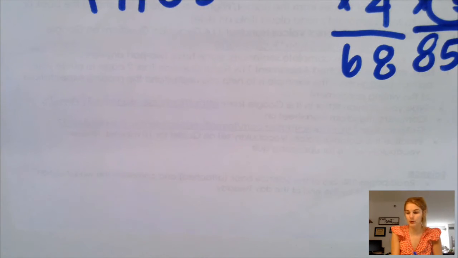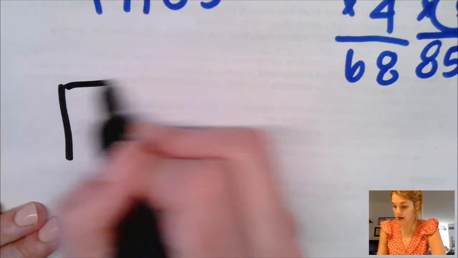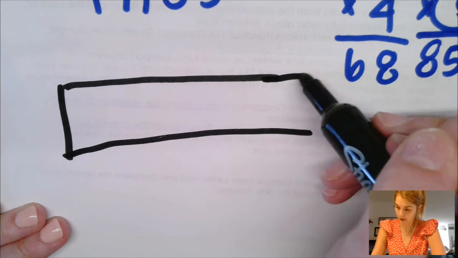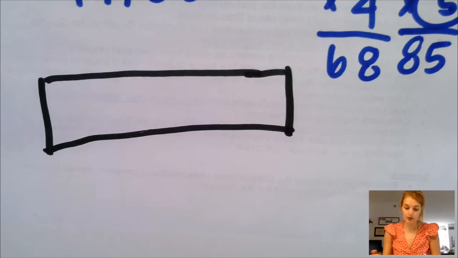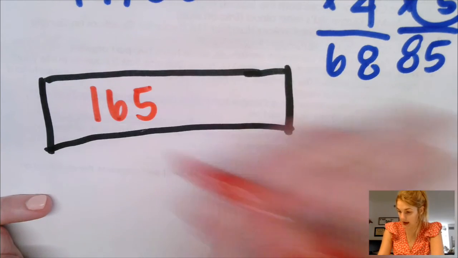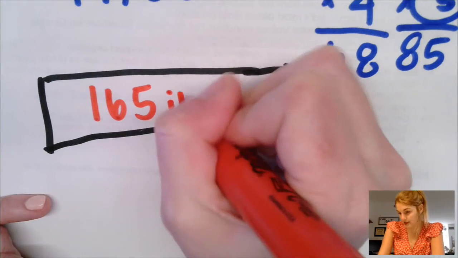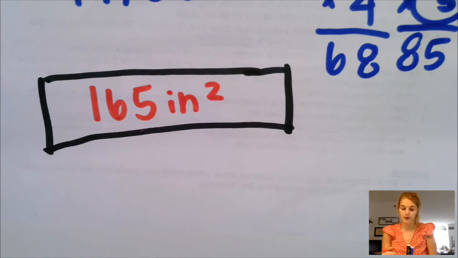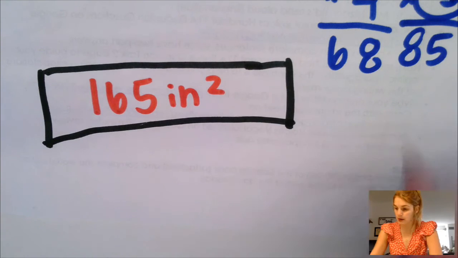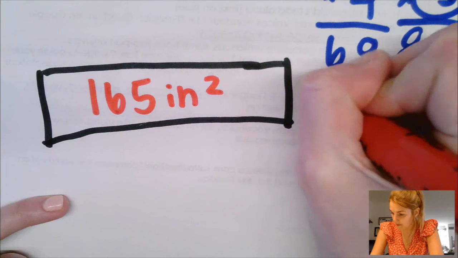Let's finish it up with one more problem. I'm going to draw my shape here. Okay. And let's say I know that my area is 165, we'll do inches again, inches squared. And let's say I know that the width right here is going to be 5 inches as well.